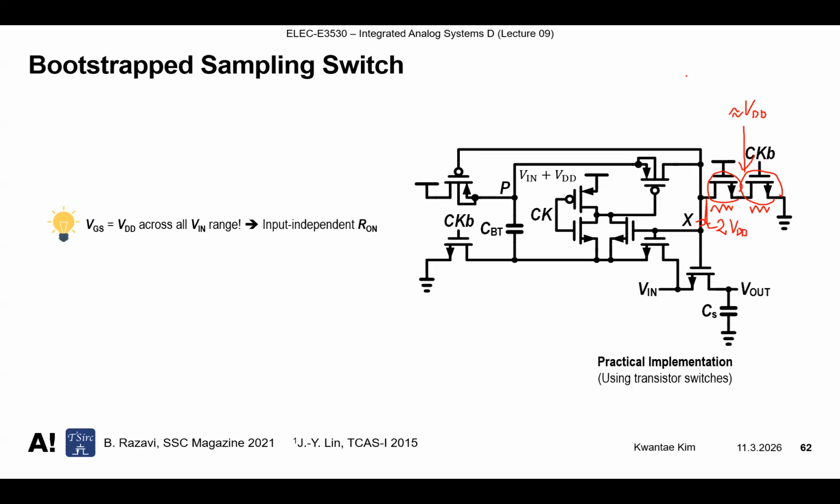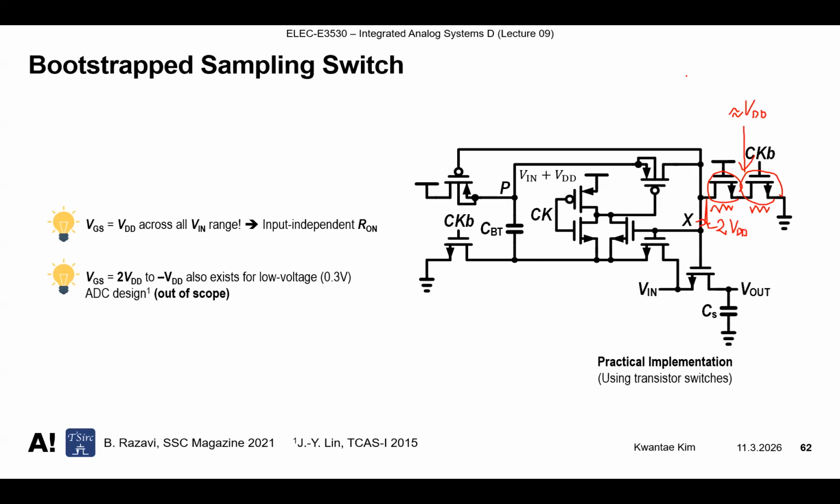So this is a safety consideration for this bootstrapped sampling switch, with VGS equal to VDD. Of course, the whole input range can be ensured. This goes to an input-independent switch on-resistance.